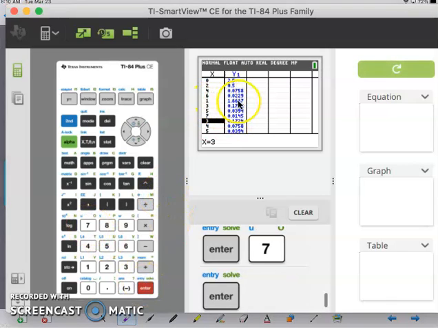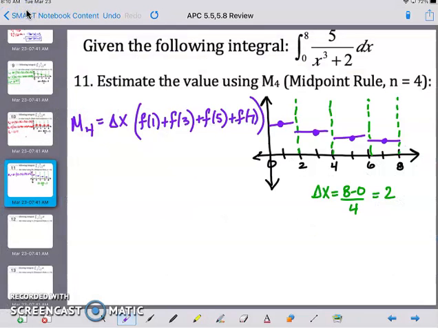x equals 3, x equals 5, and x equals 7. So I can see when x is 1, I'm at 1.667. When x is 3, I'm at 0.1724. When x is 5, I am at 0.0394. And when x is 7, I'm at 0.0145. So I'm going to go ahead and transfer those values onto my paper right now.